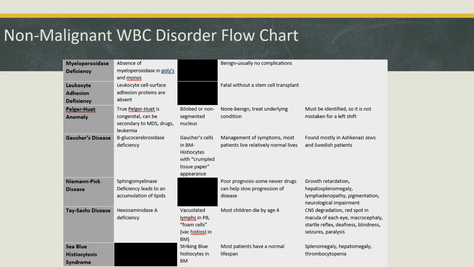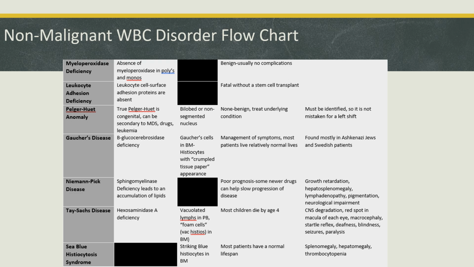Gaucher's disease is that beta-glucocerebrosidase deficiency. We see those Gaucher cells in the bone marrow, those histiocytes with kind of crumpled tissue paper appearance. For the most part, prognosis is pretty good.